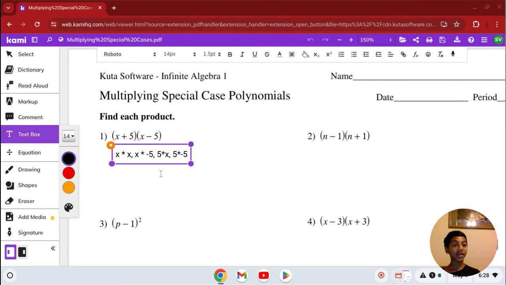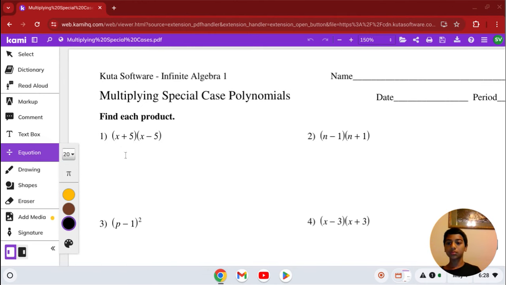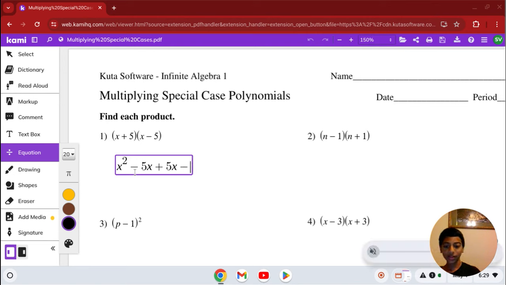Then we simplify any answers. So, x times x is x squared. And x times negative 5 is negative 5x. 5 times x is a positive 5x, and 5 times negative 5 is negative 25.